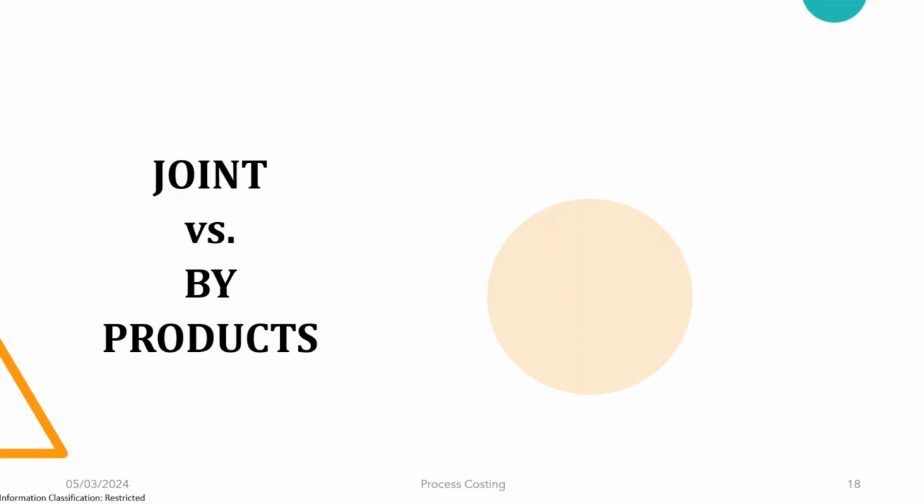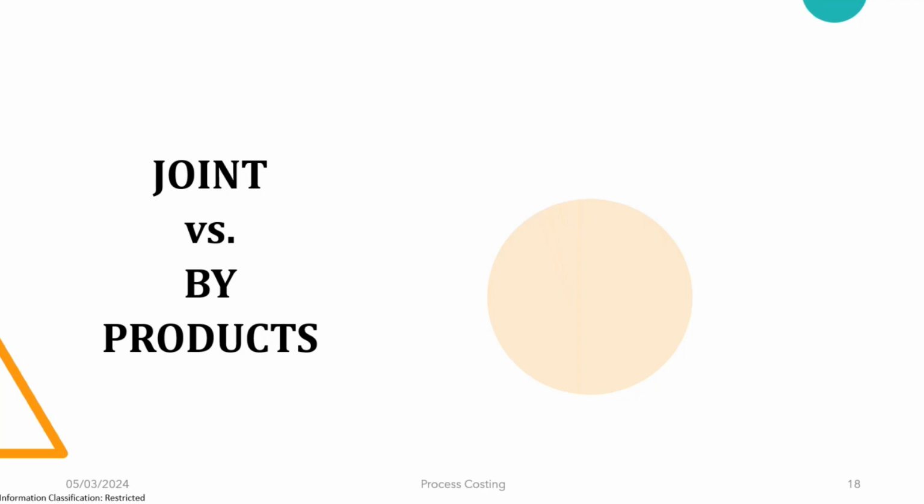Okay, final two topics, which are about joint and byproduct. So these are something used in process costing as well. Joint product normally refers to something in accounting concept. When dealing with a production process, there are multiple outputs from common input.